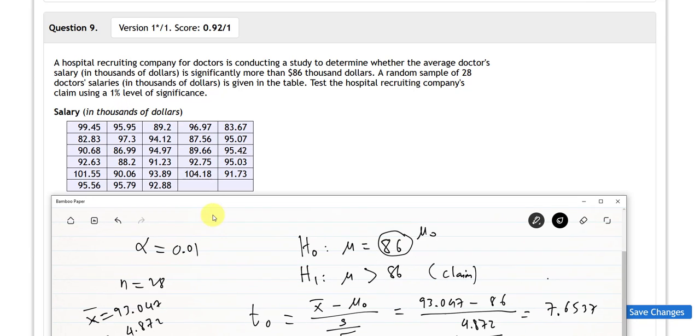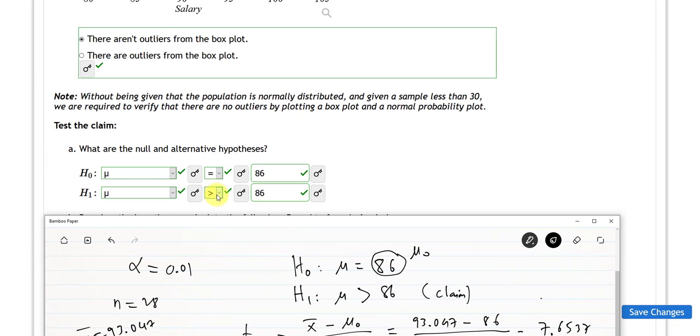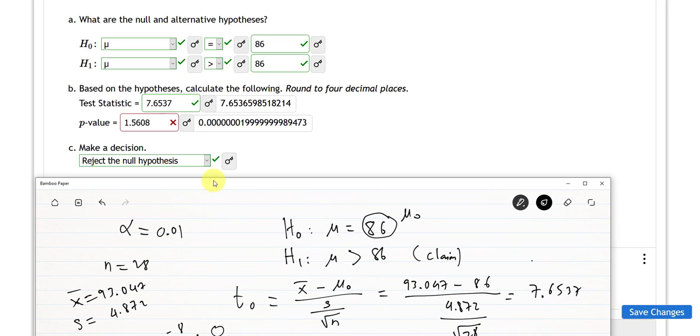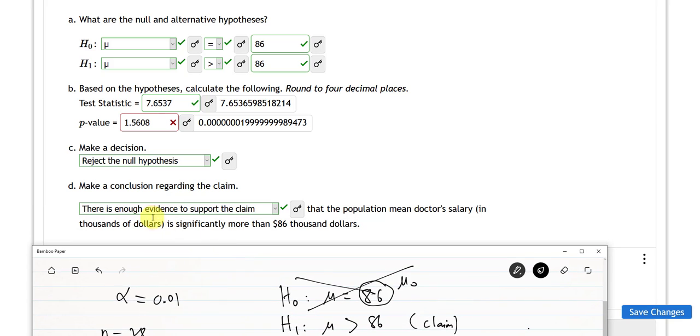If it's less than alpha, we reject the null hypothesis. And if we reject the null hypothesis, then we have enough evidence to support the claim that the population mean doctor's salary is significantly more than $86,000.